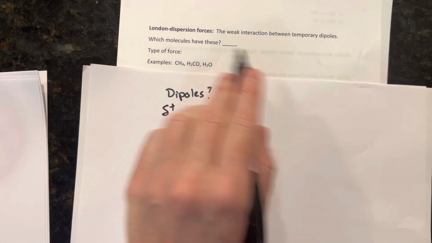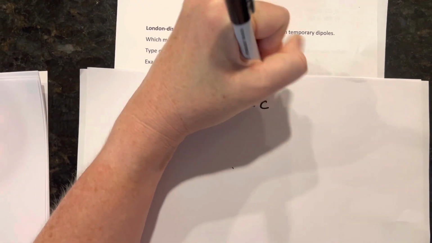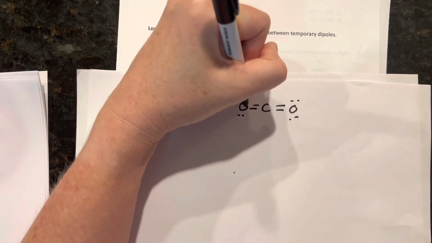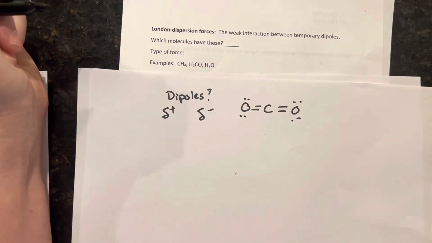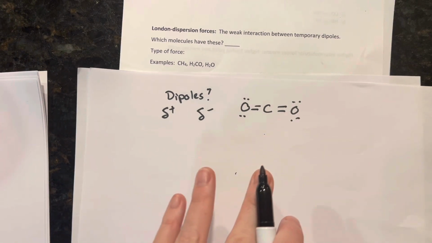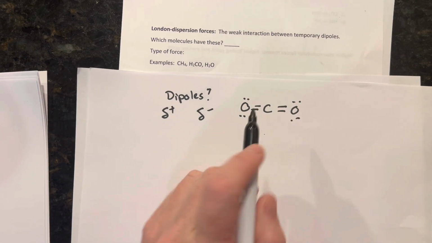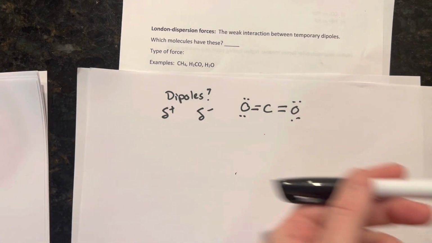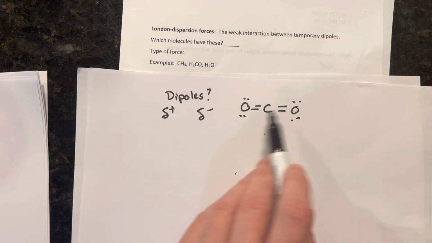So which molecules have these? Well, actually, let me draw an example. Let's look at carbon dioxide. Okay, so pretend we have a single molecule of carbon dioxide. This is nonpolar, right? You have oxygen pulling the electrons that way, this oxygen pulling electrons that way, because oxygen's more electronegative than carbon.